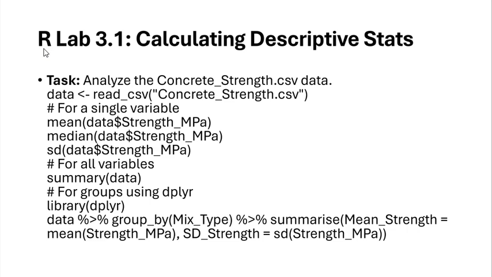Then we can use this function dplyr to summarize the data for all variables. The first one will calculate it for each variable in the data, for strength basically. So we are calculating mean, median, mode for the strength.